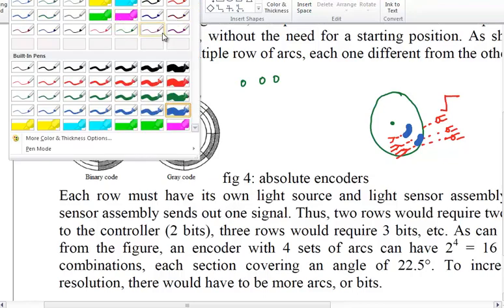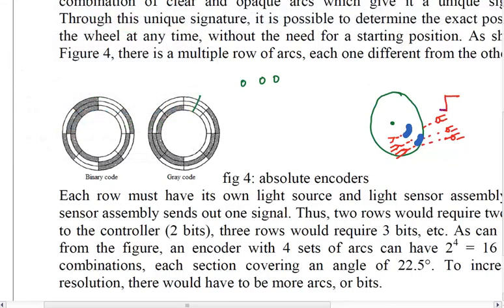For this case it is going to be high because light has passed through. In the middle one it is opaque, so the pulse will be 0, and the last one is again a high pulse. So I will get this as high, which is 1, this as low, which is 0, and this one is again high, which is 1.